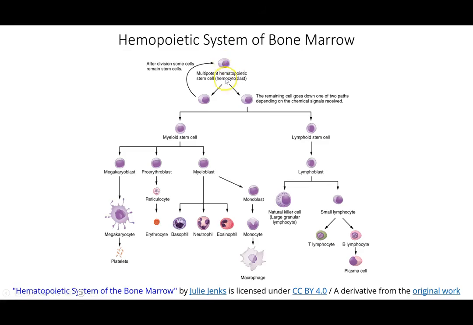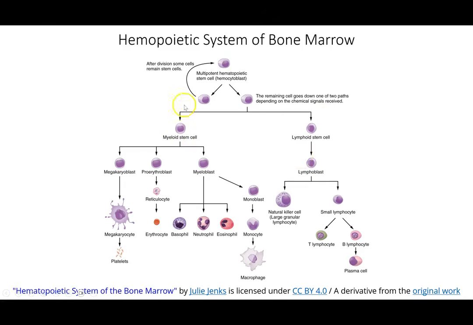When we start that, we are going to keep a daughter cell, multiple daughter cells, but one of those will remain that hematopoietic stem cell so that it can keep generating this hematopoiesis process. But the other one, produced by that mitosis division, is going to get other signals to start differentiating into one of these two main pathways, either the myeloid pathway or lymphoid pathway.